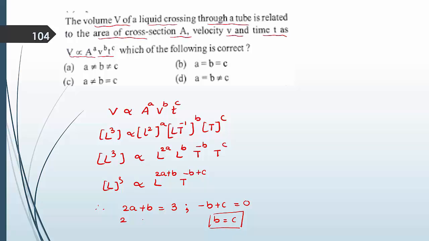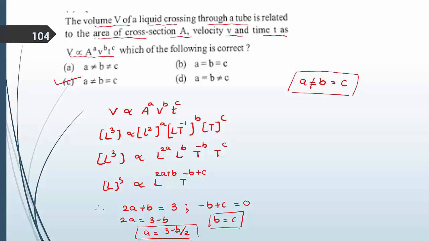Or we can write 2a equal to 3 minus b, a equal to (3 minus b) divided by 2. This is the a value. Now compare these terms. b is equal to c. Yes, right. Whether a is equal to b? No. a is not equal to b, but b is equal to c. Means option C is correct.